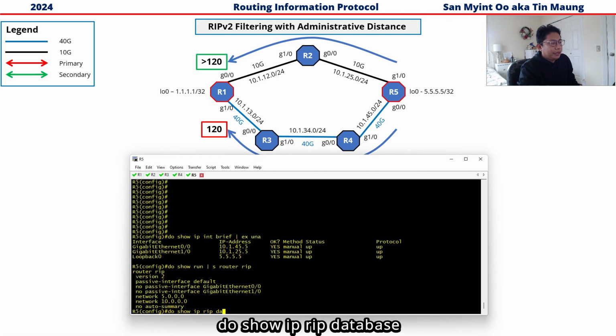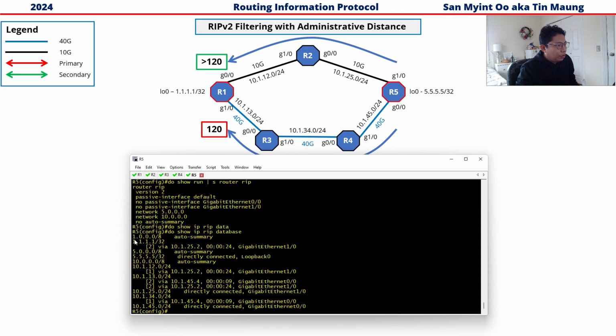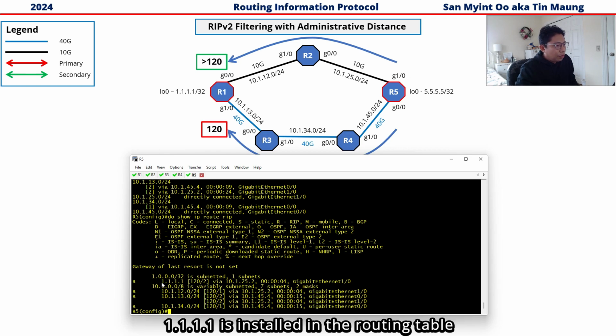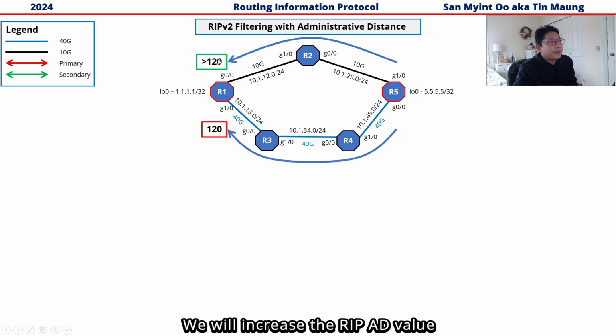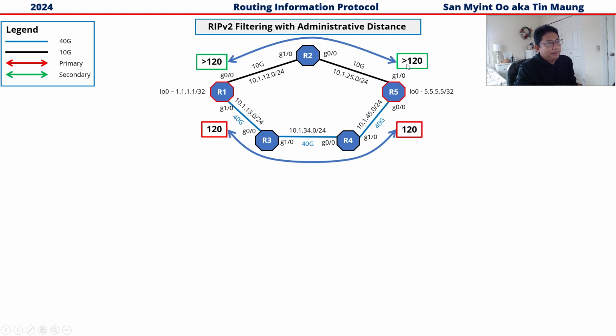Show ip rip database. 1.1.1.1 is in the database table. Show ip route rip. 1.1.1.1 is installed in the routing table, 2 hops away. 10.1.25.2 is router 2. We will increase the RIP AD value to more than 120 for routes coming from this path.